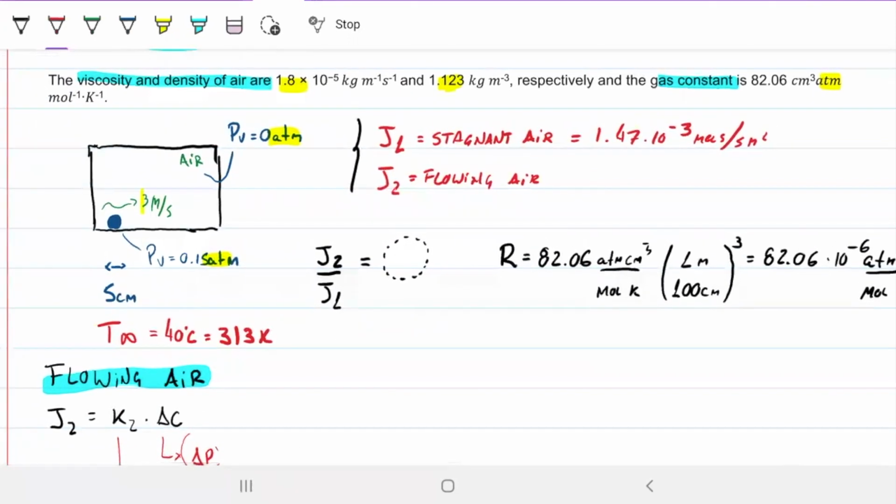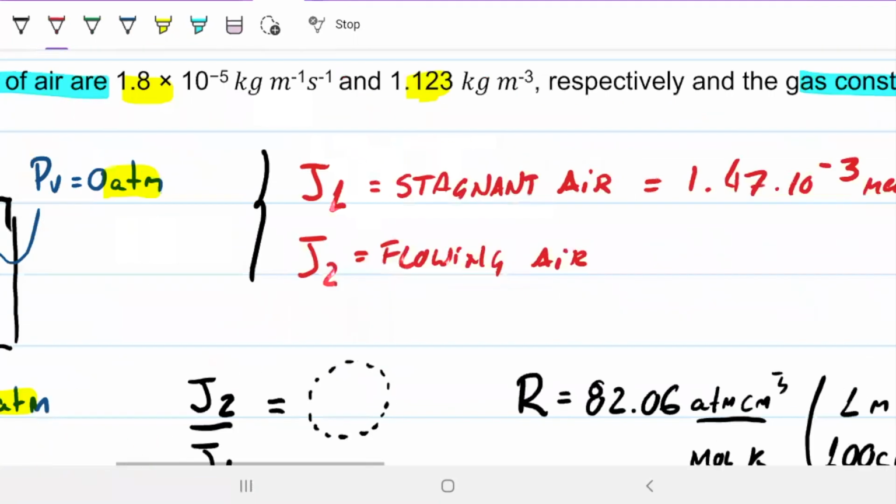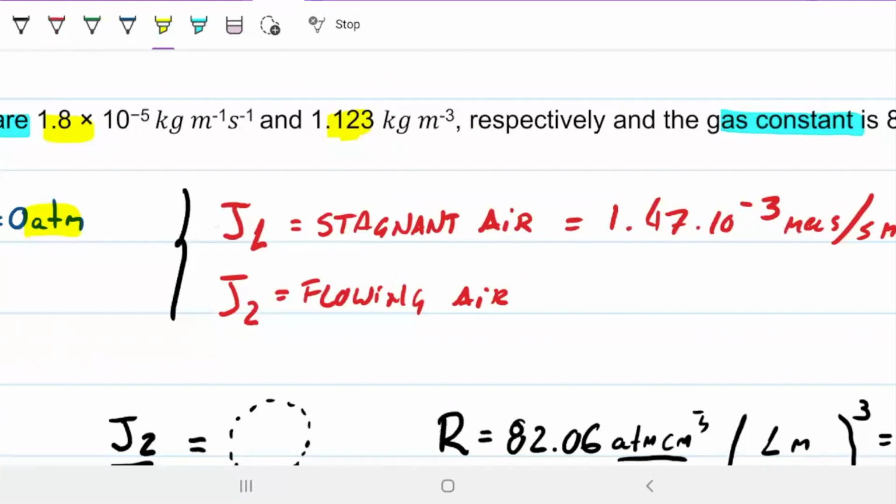So we need to go back and think about this problem a bit more so we can solve it. Remember that for these two situations, stagnant air and flowing air, the K will be different because they have different dynamic conditions. One is stagnant, so free convection. The other one is forced convection. But they're both naphthalene diffusing into air under the same pressure gradient and the same temperature, 40 Celsius.